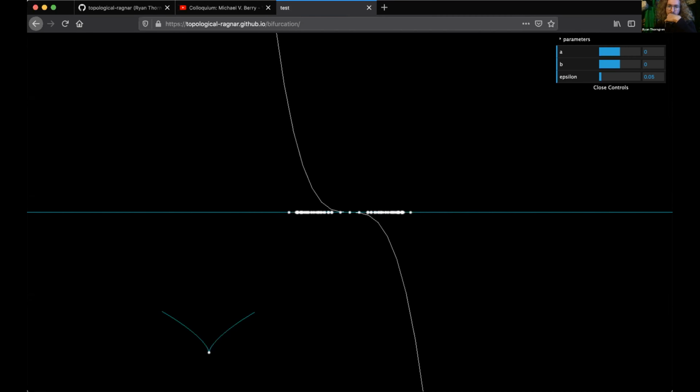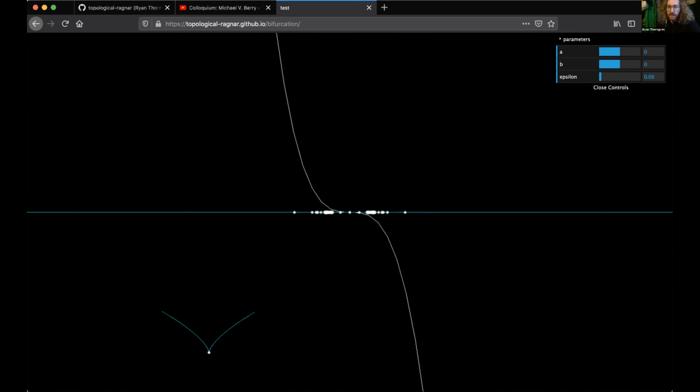In white, I've graphed dx/dt. And I've drawn the x-axis here in blue for convenience, which really is the x-axis in this case. And these dots are just initial conditions that I keep spawning at various locations, at various initial x's, and I let them evolve by dx/dt equals this curve.